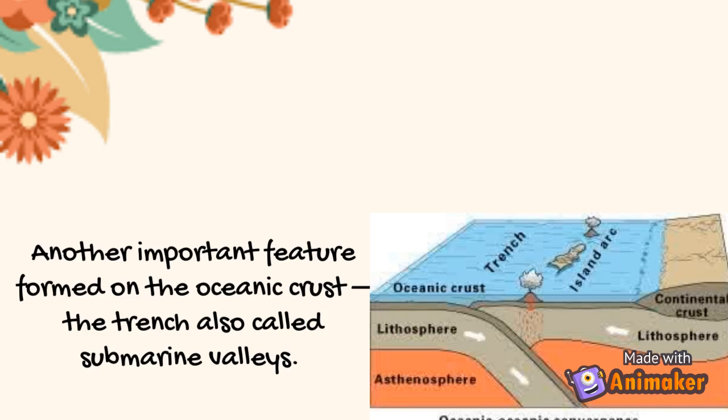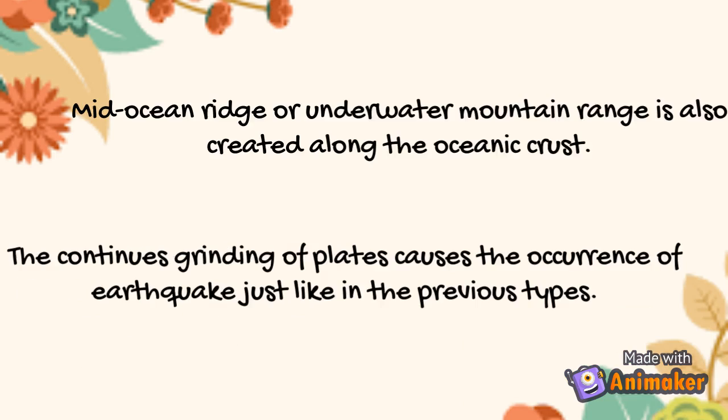Another important feature formed on the oceanic crust is the trench, also called submarine valley. Mid-ocean ridge, or the underwater mountain range, is also created along the oceanic crust. The continuous grinding of plates causes the occurrence of earthquake, just like in the previous types.